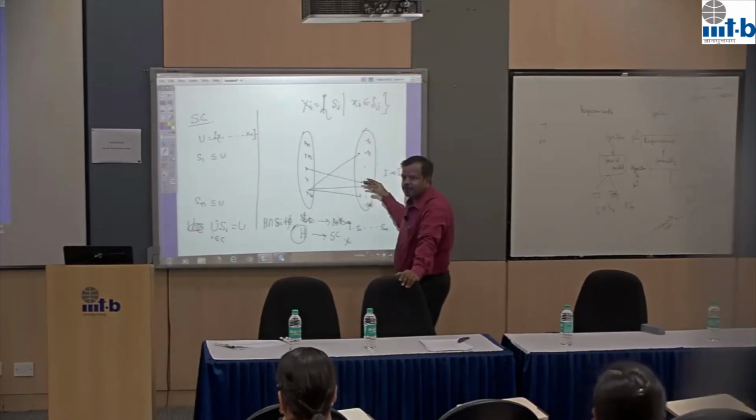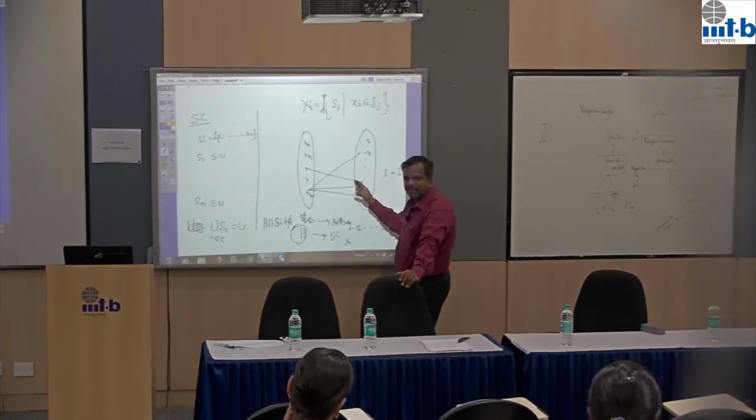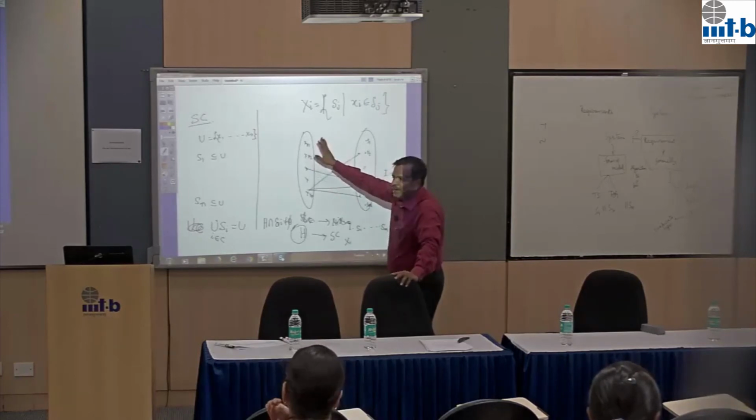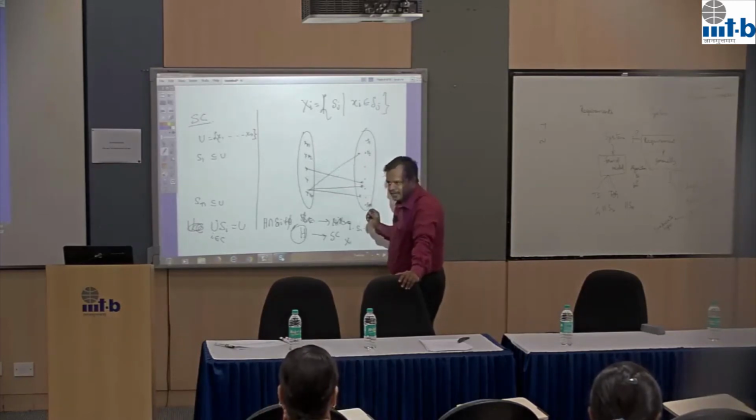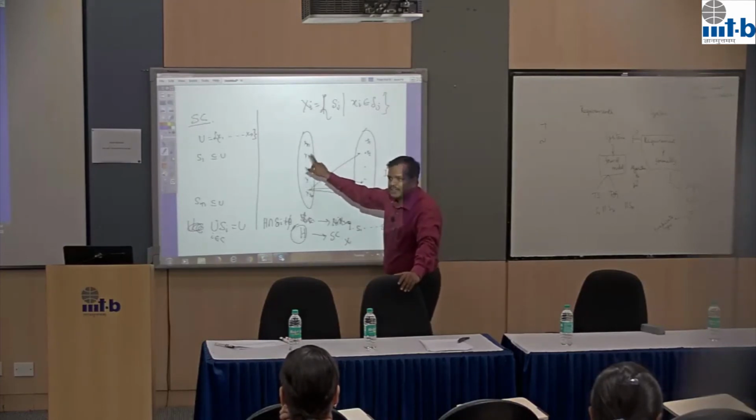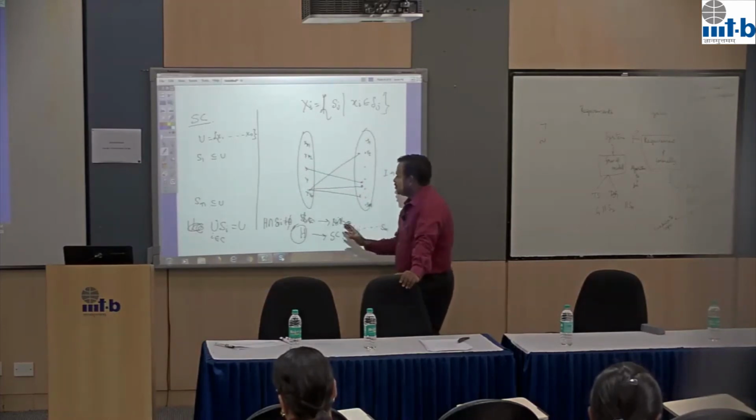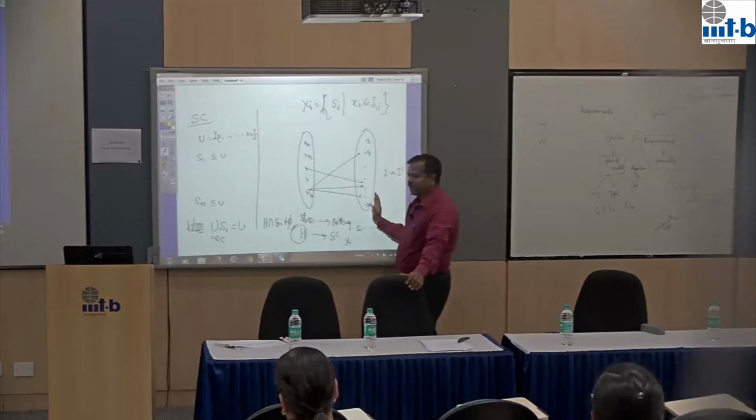Pick the maximum degree vertex, include that in your solution, delete that vertex and also all the edges which are incident on it. When a vertex becomes isolated, you just delete that also, right? All the edges and also all the vertices which are incident on it, you want to delete everything, right? So that's the algorithm for solving the set cover problem.